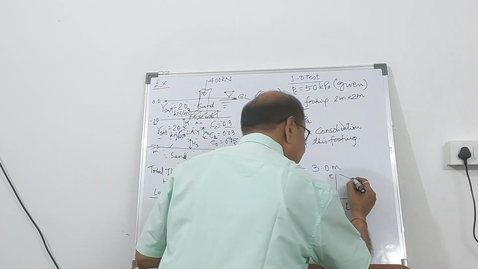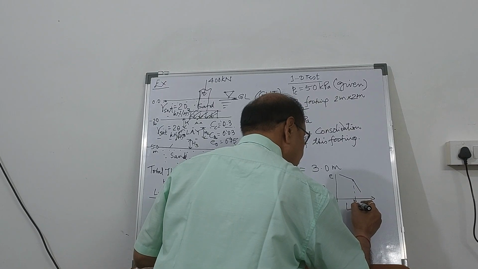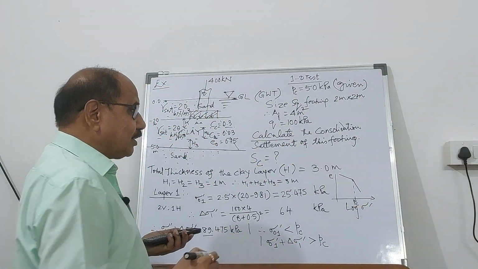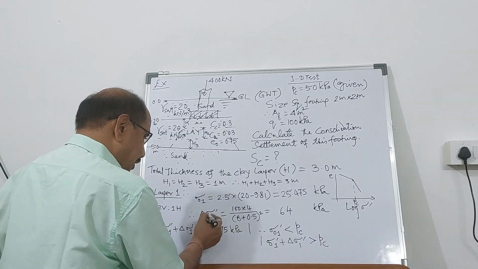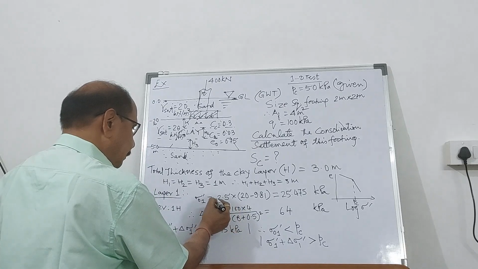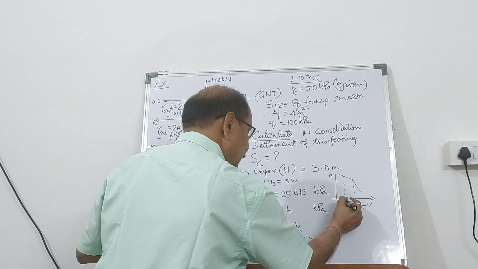There is the pre-consolidation pressure. And this pre-consolidation pressure is 50 kilopascal, whereas my effective overburden pressure is only 25, somewhere here.